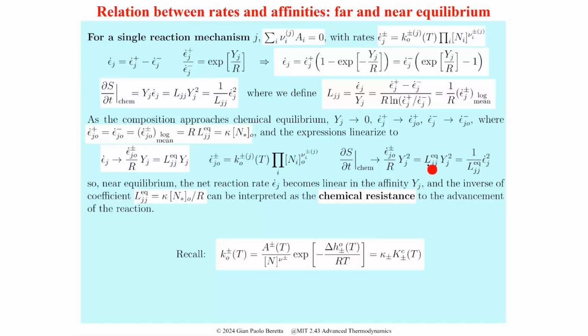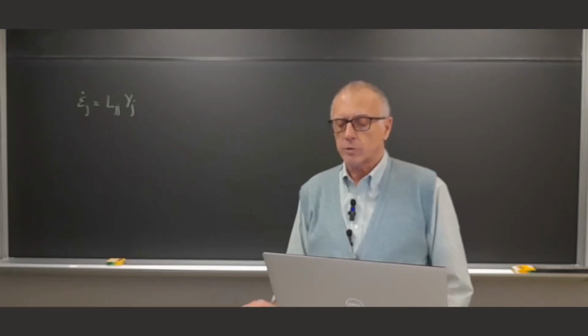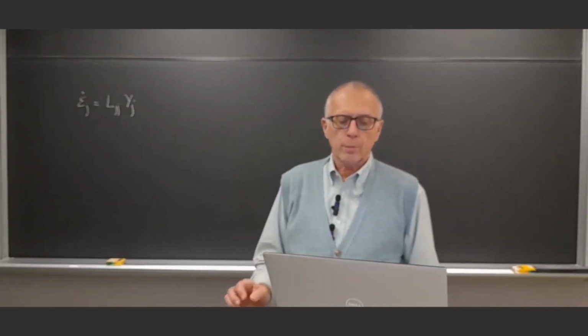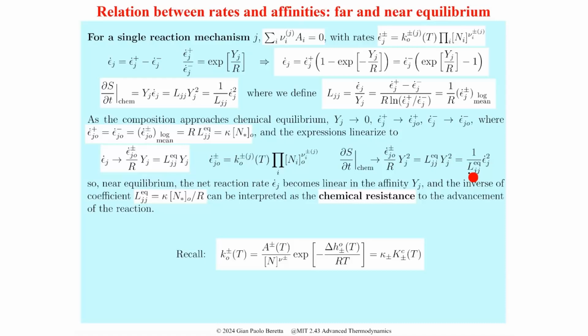It's a constant, this L times the affinity squared, or the inverse of L times the rate squared. This is why we can identify the inverse of this ratio L as a sort of a chemical resistance to going back to equilibrium.